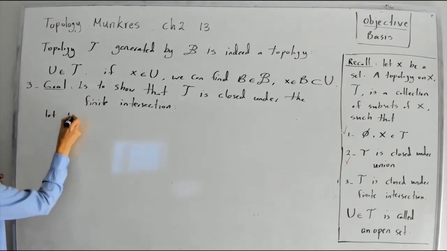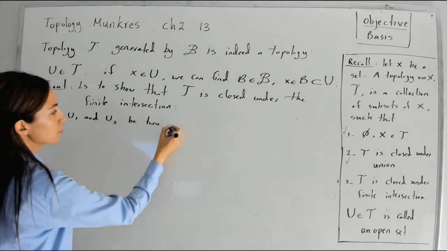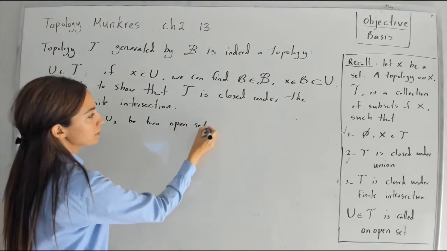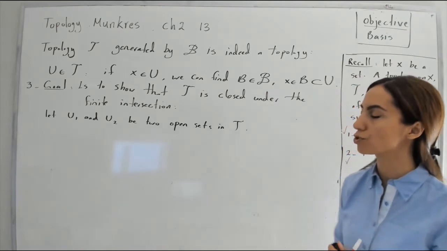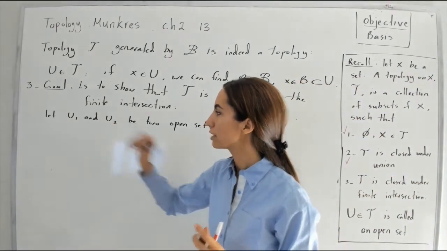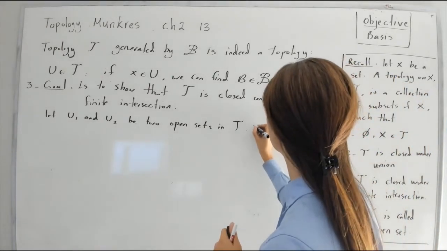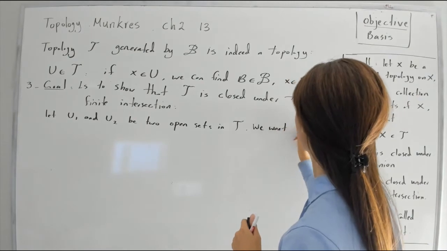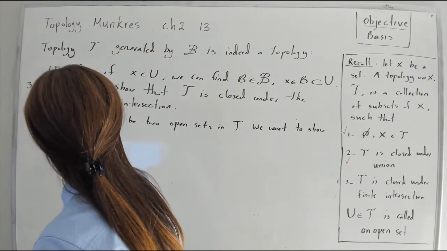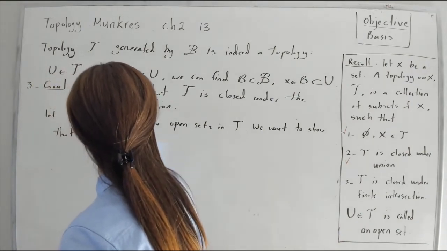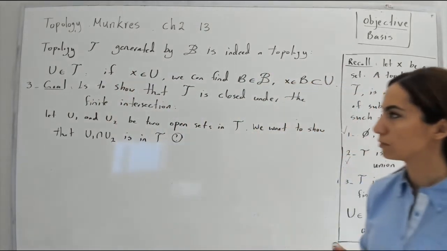Let U1 and U2 be two open sets in our topology. Our goal is to show that U1 intersection U2 is also a member of tau.